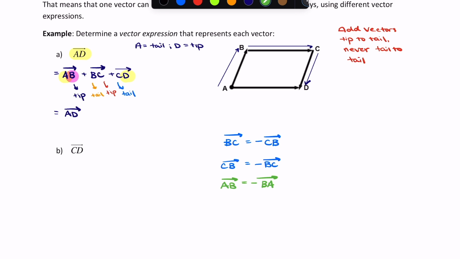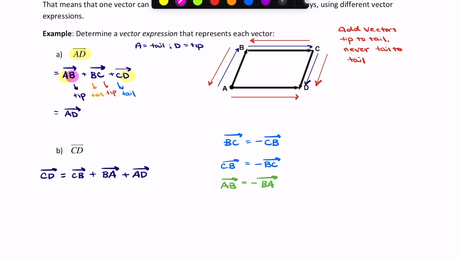So looking from C to D, we start at C, we go C to B, then vector B to A, and then vector A to D. Here, we can write the vector CD is equal to the sum of the vectors, vector CB plus vector BA plus vector AD.